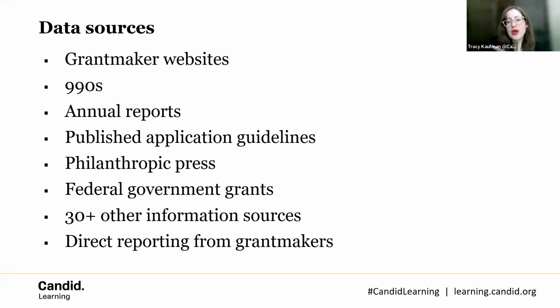So whenever a funder has been in the news with, say, a new funding initiative or something like that, it will find its way into that funder's grantmaker profile. We also have quite a few funders who report their information directly to us, especially a lot of the large funders. They like to make sure that their profiles are really up to date and relevant for people. And so they will often send the most current information so that we can keep it very, very current.